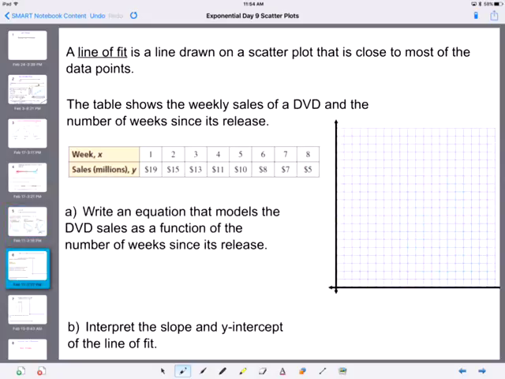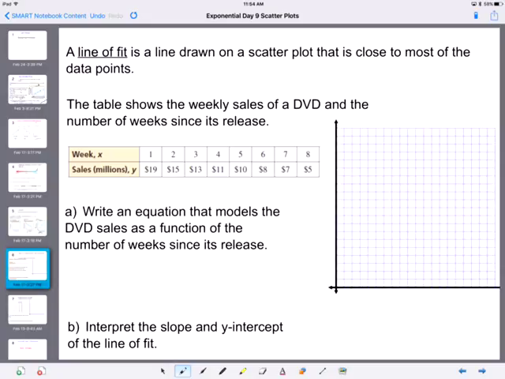So a line of fit is a line drawn on a scatter plot that is close to most of the data points. So the table shows the weekly sales of DVDs and the number of weeks since the DVD was released. So the first thing that we want to do is plot this information on our graph.